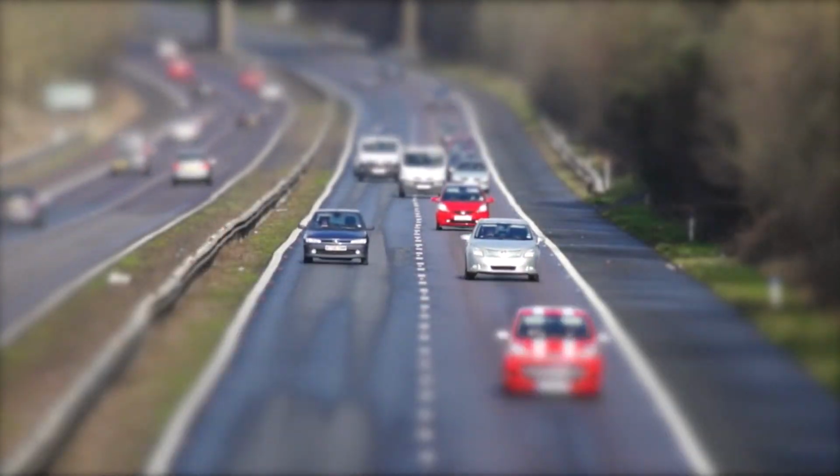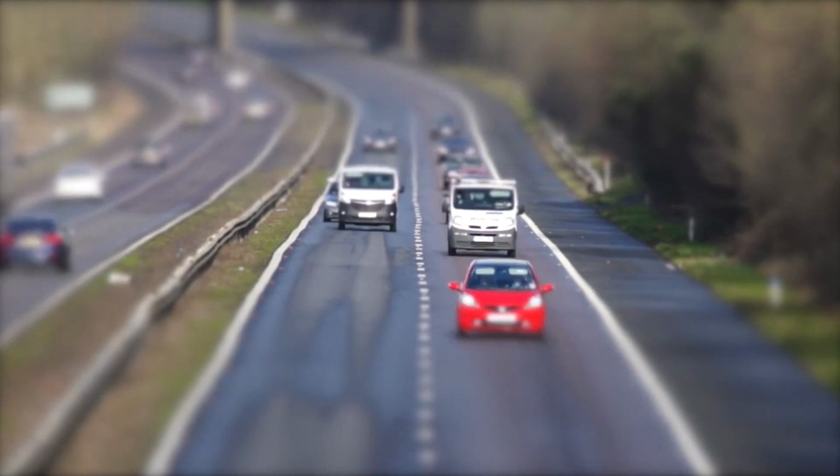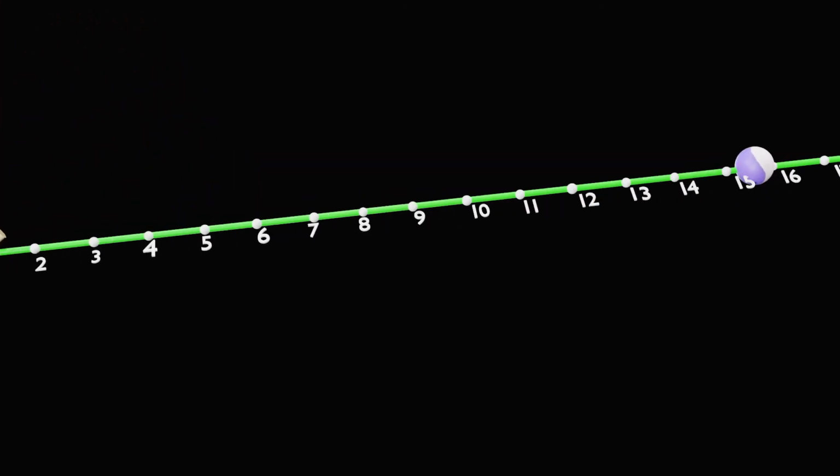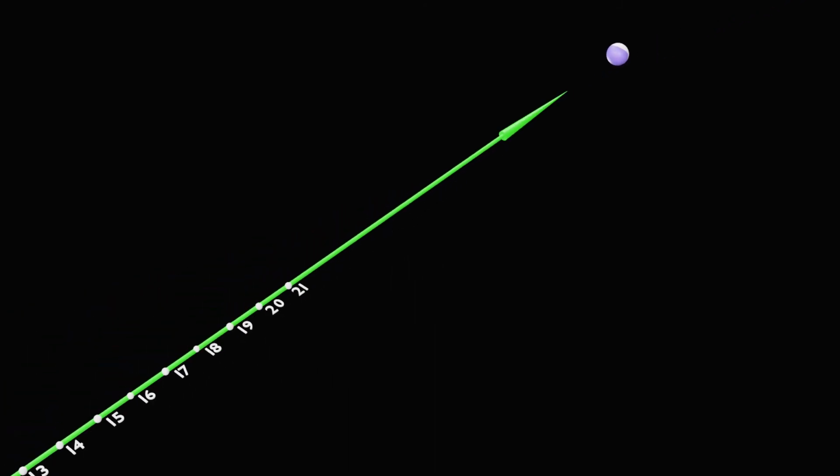Using these physical quantities, we have defined a new physical quantity, average speed, which is defined as the distance traveled by an object divided by the time it takes to traverse that distance. That is, average speed is equal to distance traveled divided by total time. This is all about motion along a straight line in terms of speed.